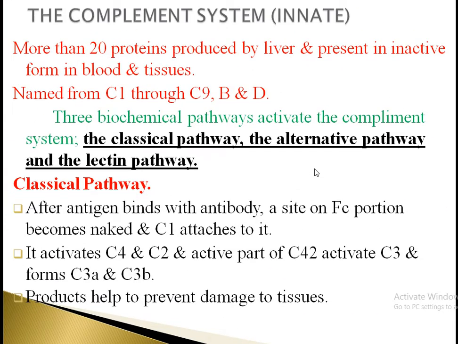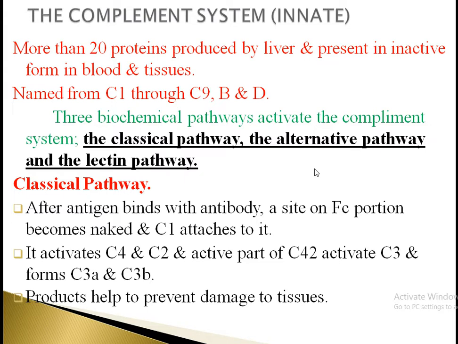Now coming to the main topic for the defensive mechanism of our body, we have a great role played by the complement system. What is this? More than 20 proteins produced by the liver and present in inactive form in blood and tissues, named C1 through C9, B and D. They are about 20 different types of proteins.